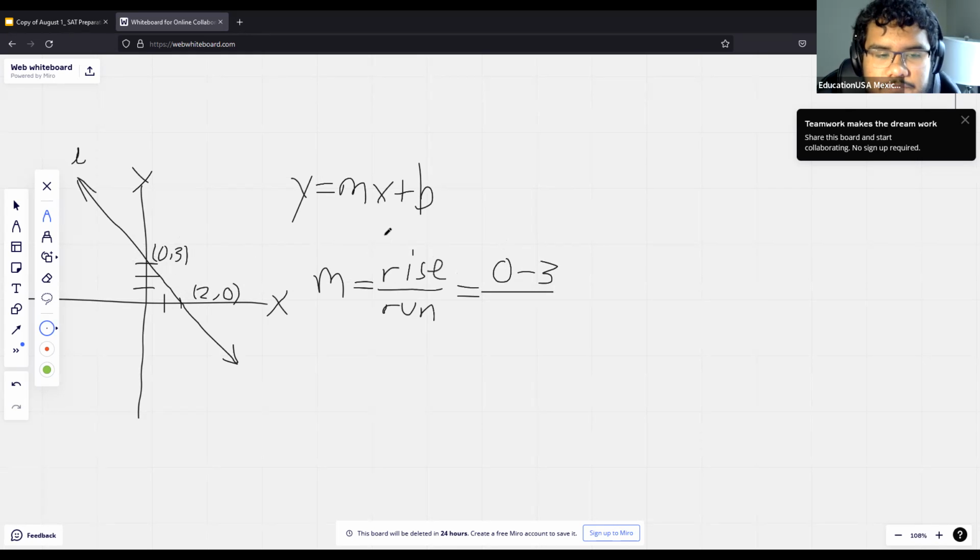Now for the run, we do the same thing for the x-axis. The x value of the second coordinate is 2, and the x coordinate of the first one is 0. So we end up with -3 divided by 2, and that is what is known as the slope of the equation.